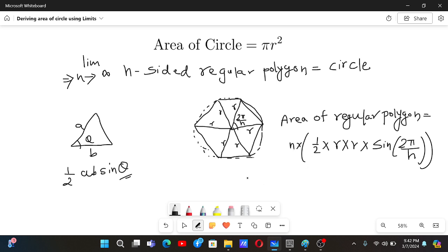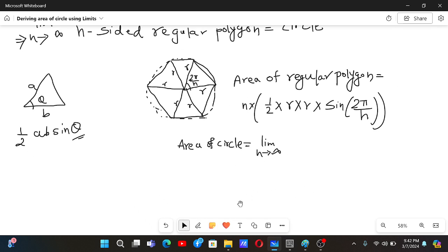Now to find the area of the circumscribed circle, what we can do is take the limit as n goes to infinity. So the area of the circle is the limit as n goes to infinity of 1 by 2 r squared n sine 2 pi by n.